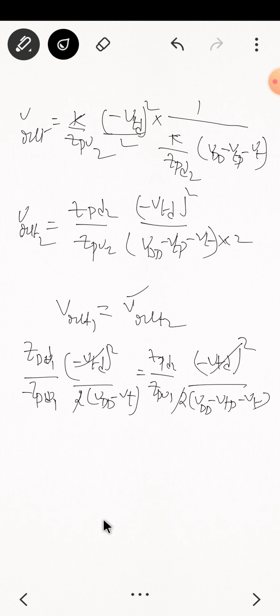What we have to remember is we have to go for that one. Is this clear now? Okay. I need the ratio. I am bringing the above equation, it will become ZPD1 by, wait.